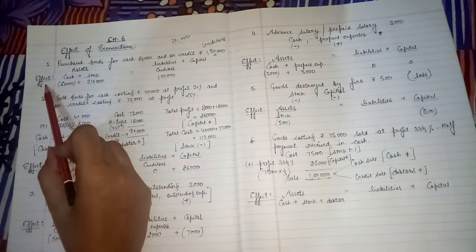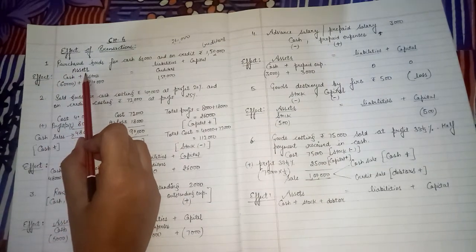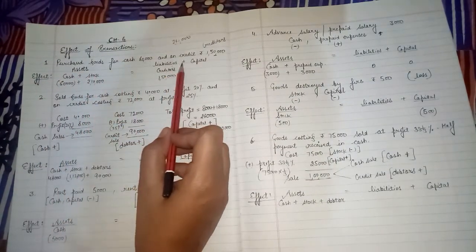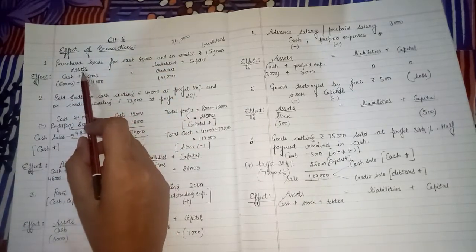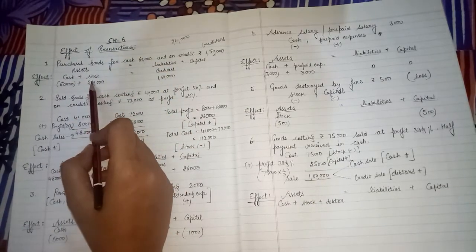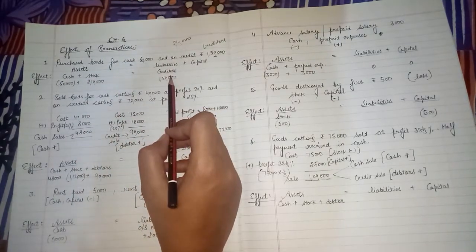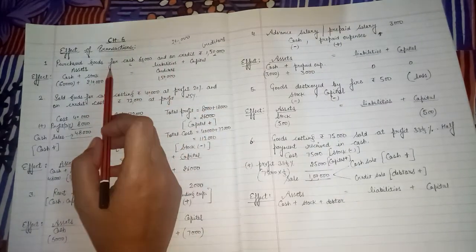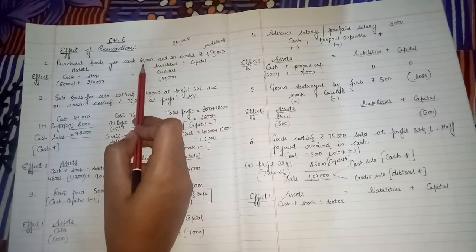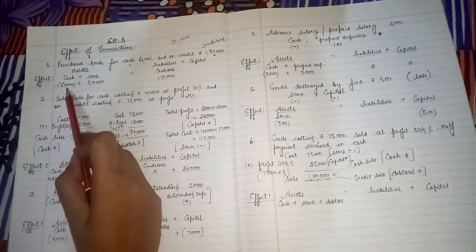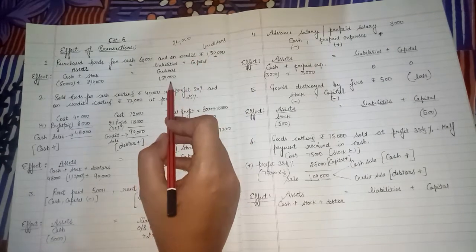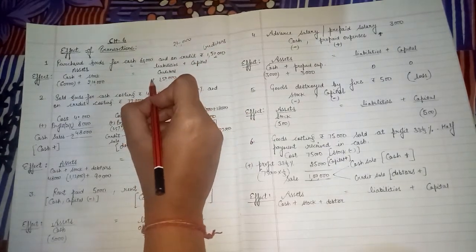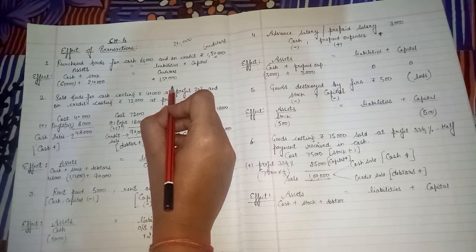So see its effect on assets and liability. Our equation is assets is equal to liability plus capital. Under assets, two accounts will be affected, cash and stock. And under liability there is one account, that is creditors. See, cash payment 60,000 will be deducted from cash and credit purchase will affect creditors. So creditors will increase by 1,50,000.